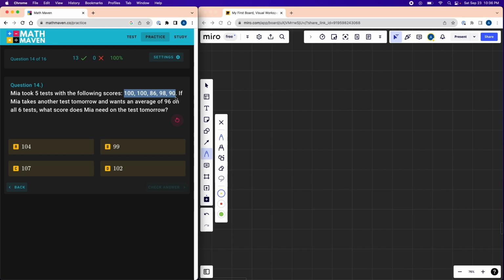Average, well, we know that average is 96. 96 is going to equal the sum of all tests, I'll just put sum of t here, sum of all tests for t, divided by the total tests that she took, which was 6. She took 6 tests, or she will have taken 6 tests after she took that last test, right?